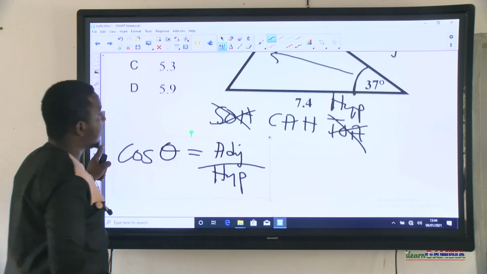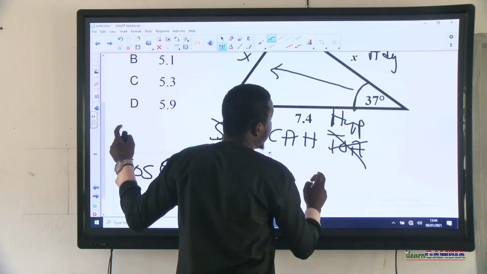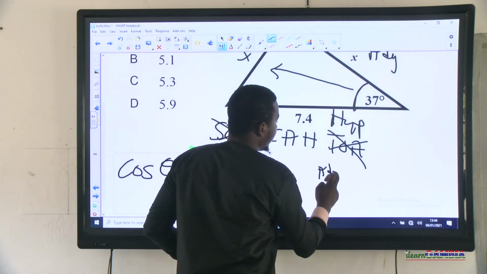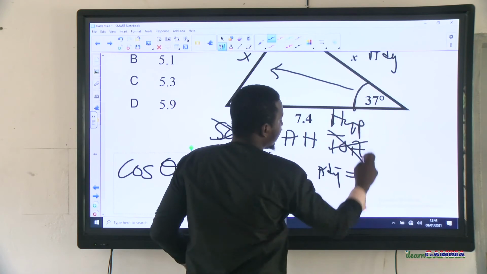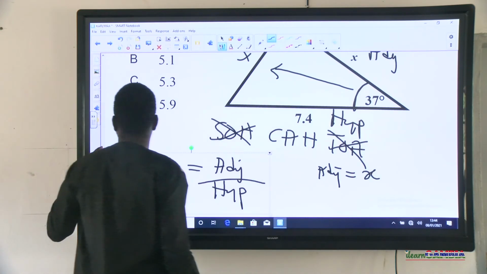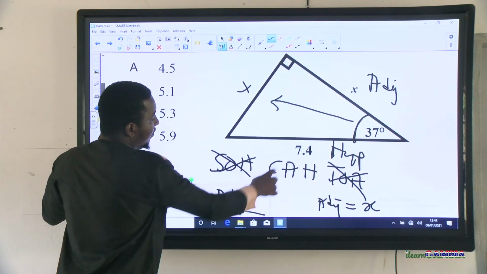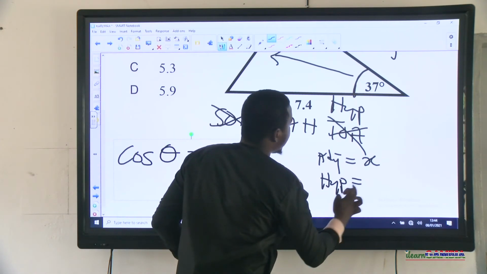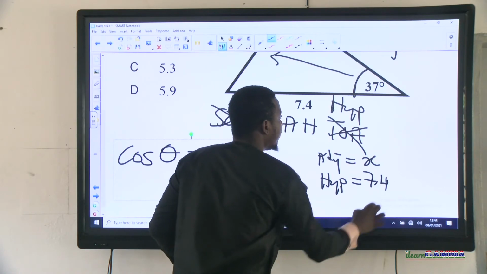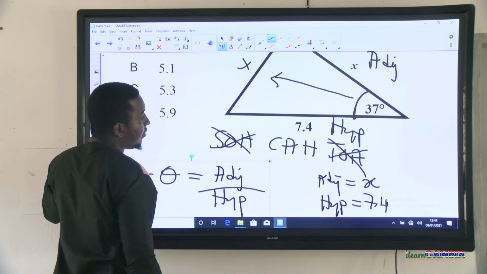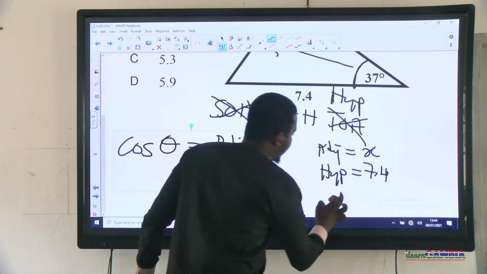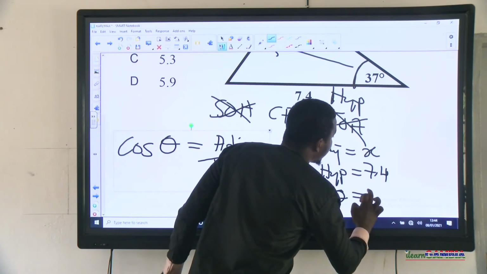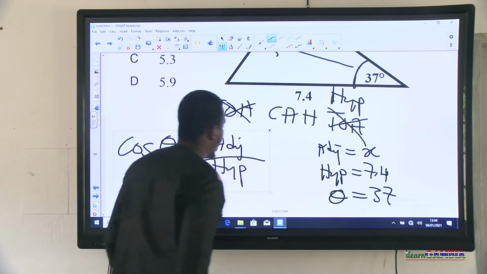So we know that the adjacent is equal to x, which is the value that we want to find. And we are given the hypotenuse as 7.4. And theta is equal to 37. That's angle theta.